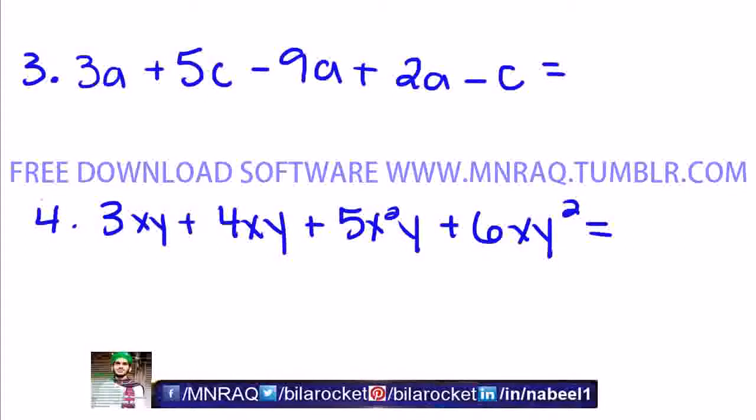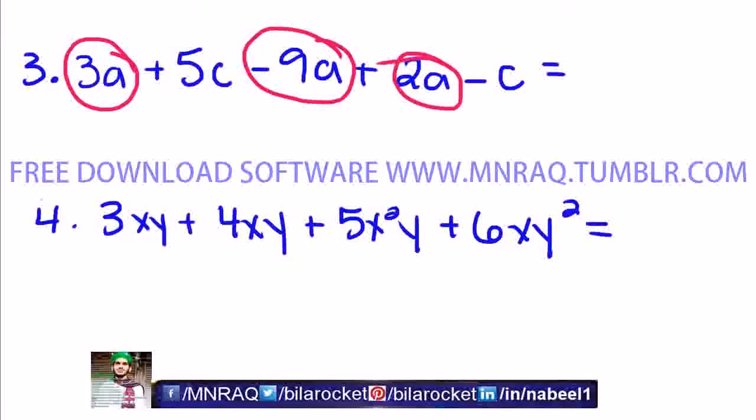So sometimes when you start combining like terms, you might want to circle it so you see which ones you add together, especially when you have more than one term. So we have 3a, negative 9a, 2a, 5c, and negative c.